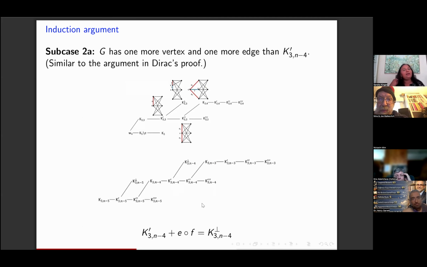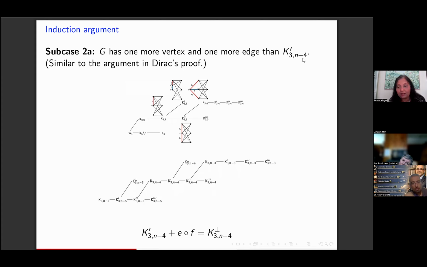So here's the induction argument. It really comes down to the first subcase, which is basically Dirac's argument, right? If G has one more vertex and one more edge, then K3,n-4. Then similar to Dirac's proof, you get this graph.